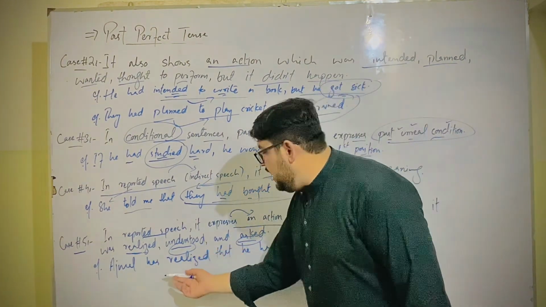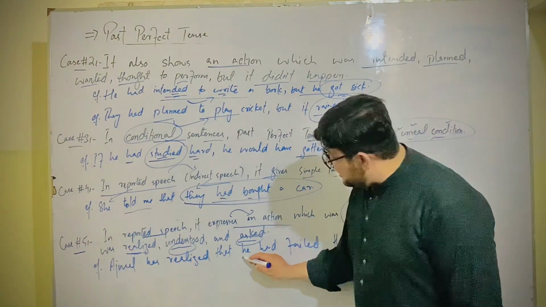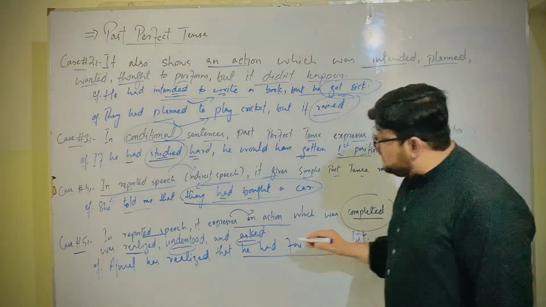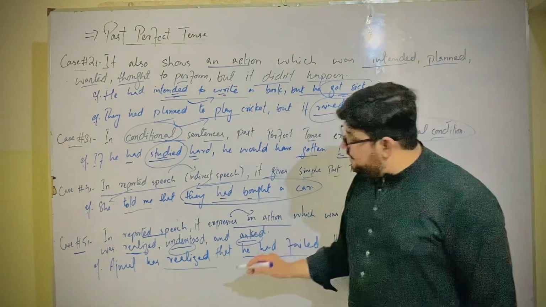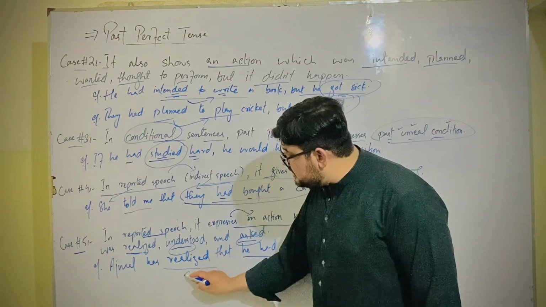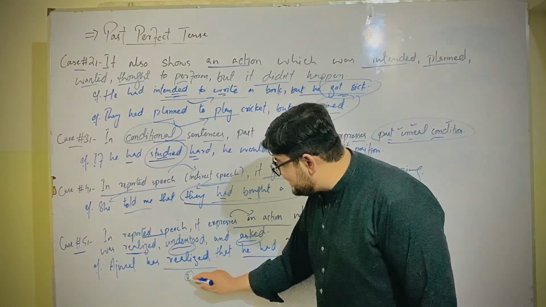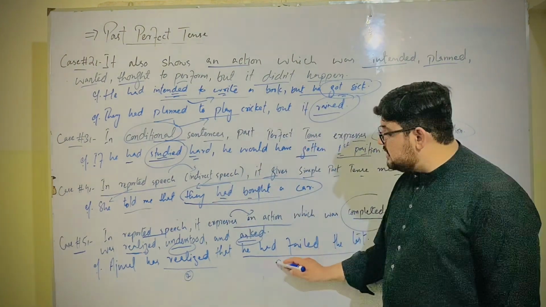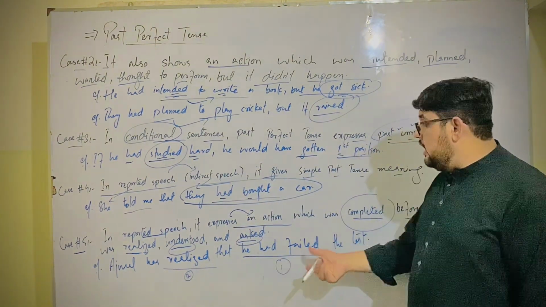Like, Ajmal has realized that he had failed the test. So look, first he failed the test, then he realized it. The realization occurs second. First, what happens? The action has been done. He had failed.